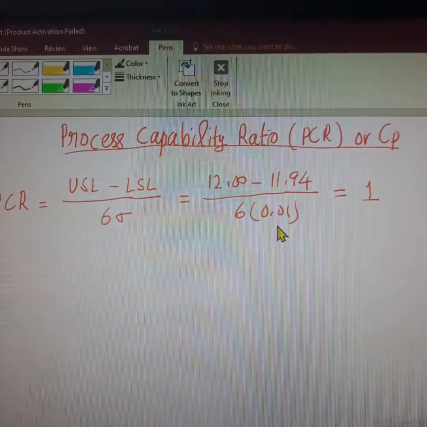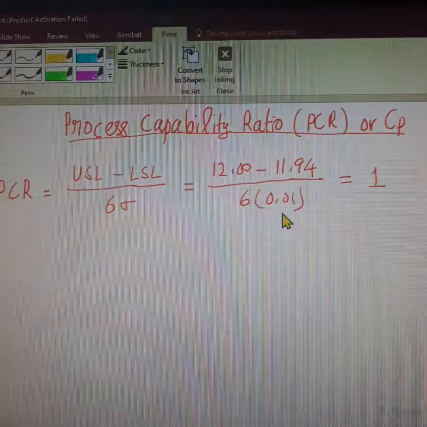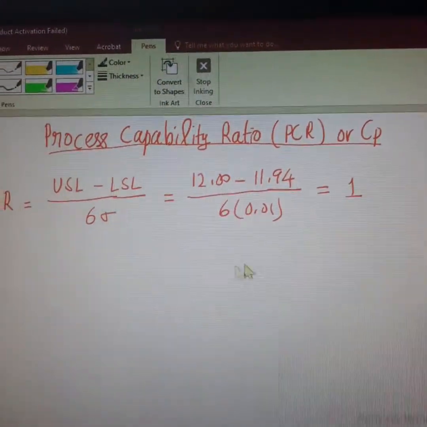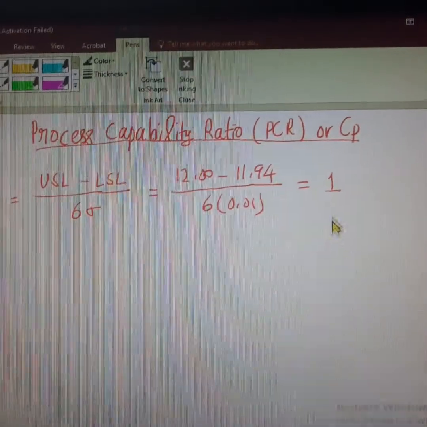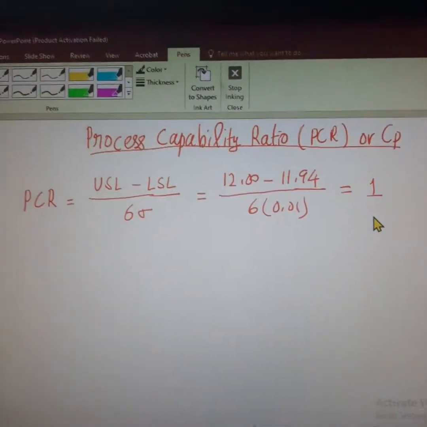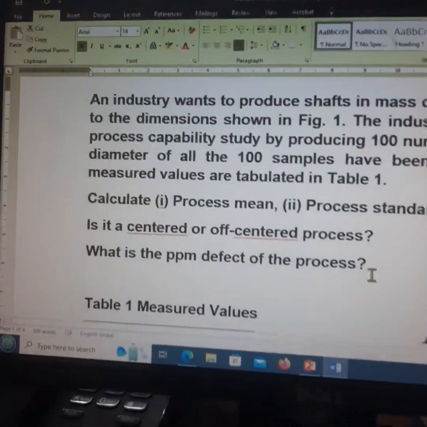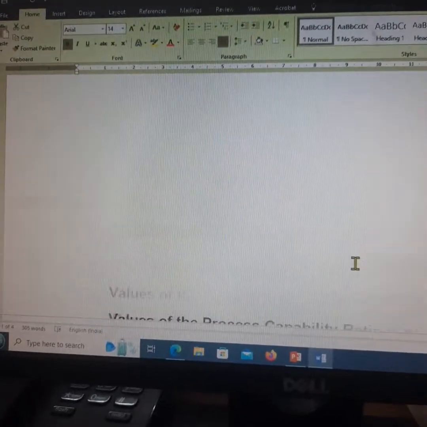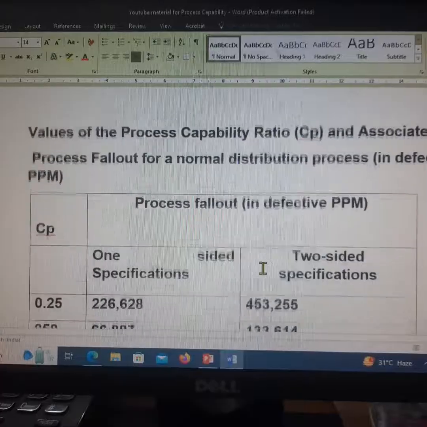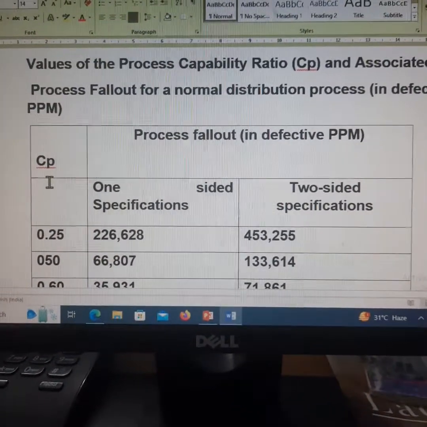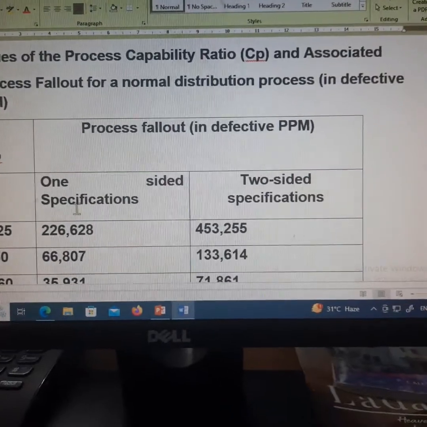The sigma is arrived at from the calculation as 0.01. If you work out the value of PCR, it comes to 1. So once you know the value of PCR, you can refer to the table.